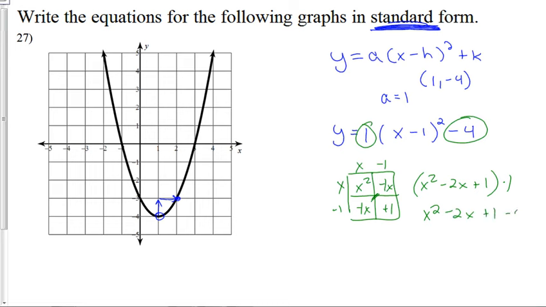And then subtract 4. And there you have standard form. So go through vertex form first, then use the boxes to multiply. And don't forget those outside pieces. That seems to be the biggest mistake that I see. These pieces right here. All right, feel free and rewind and listen to that again.